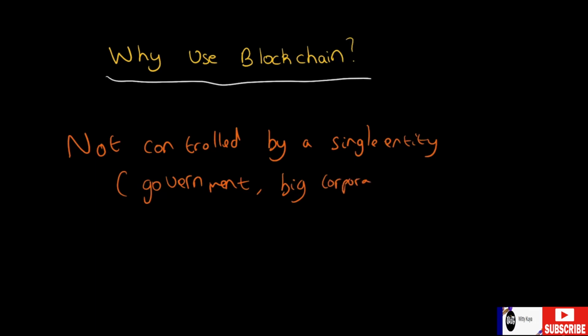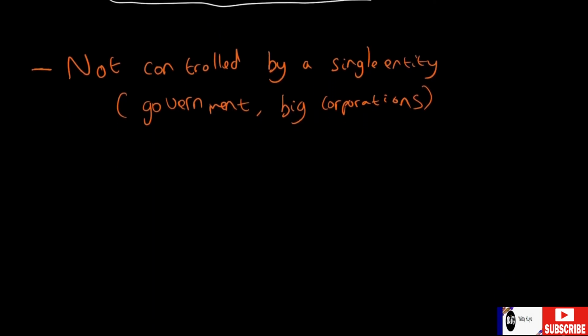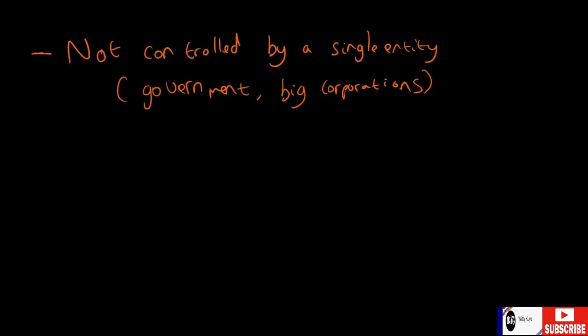It could be individuals or government, big corporations controlled by individuals or a select group of individuals. So that's one reason that you might want to use blockchain. You might want to create a system that isn't controlled by one single entity, and I think that is a valid reason in itself.